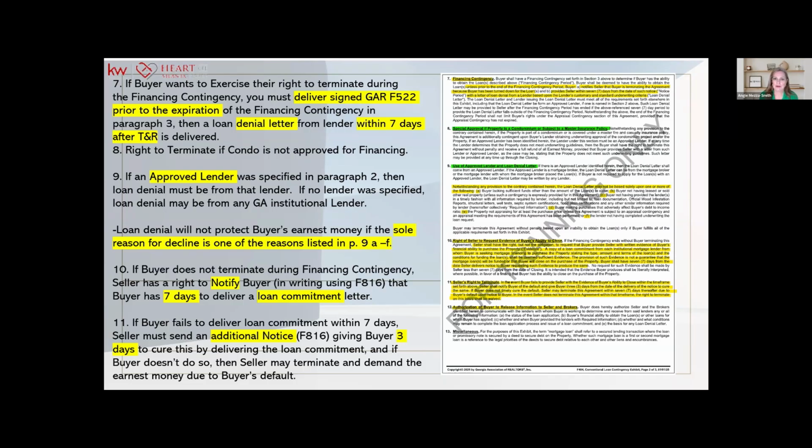Now let's jump back up here to paragraph 8. Paragraph 8 I'm very proud of. I'm very happy about paragraph 8 because it really needed to be put into this exhibit. It's actually in all of our loan exhibits now. It's not in the no financing contingency exhibit, but it is in all of the other GAR loan exhibits.